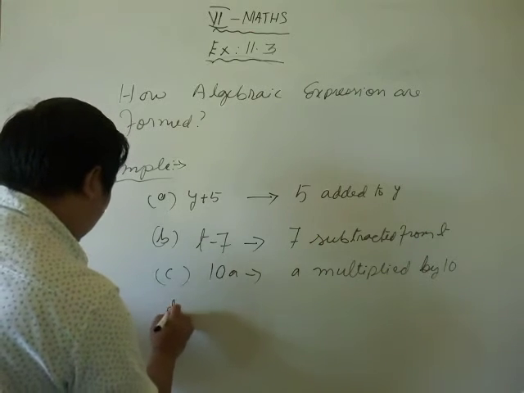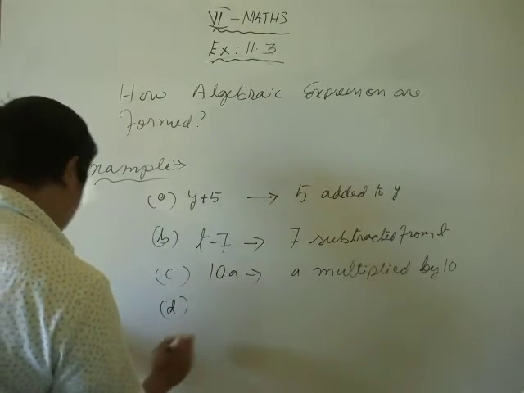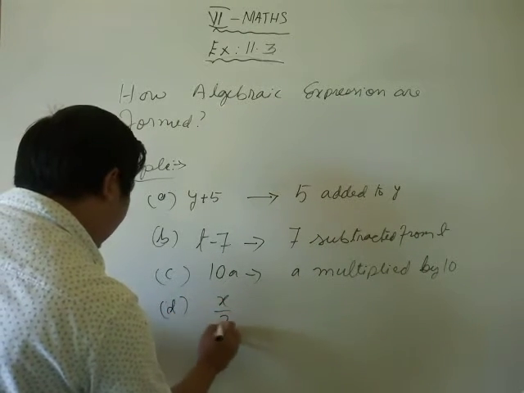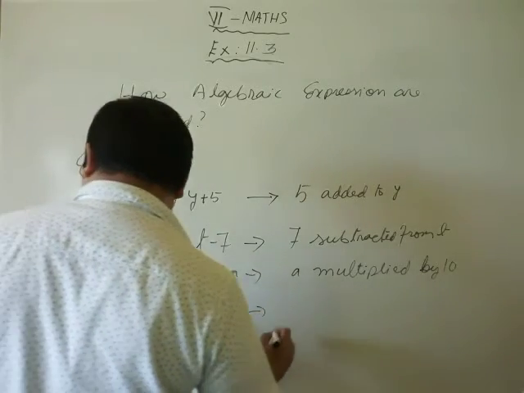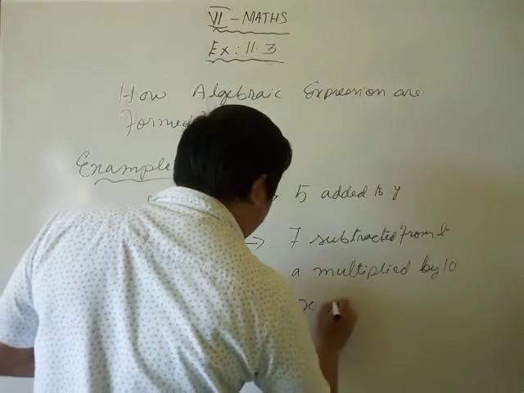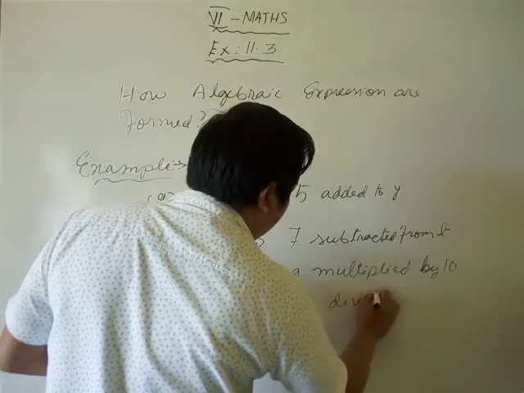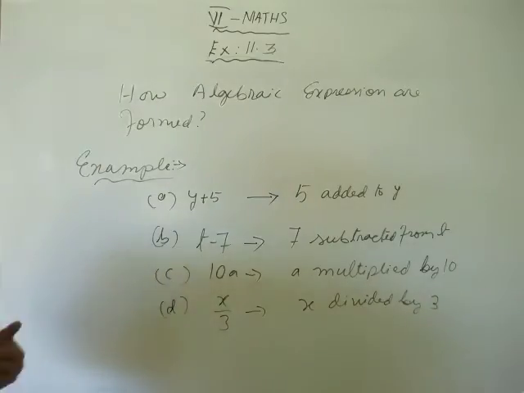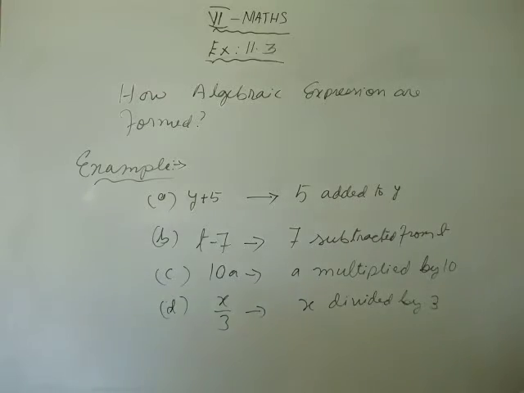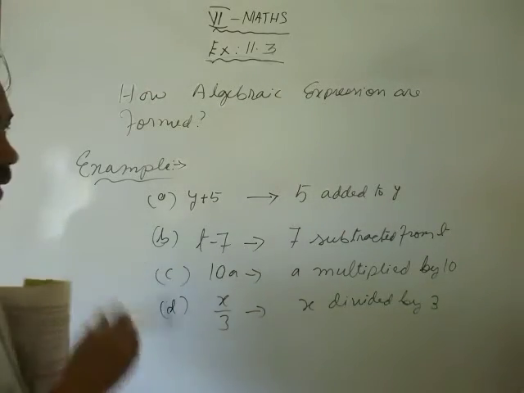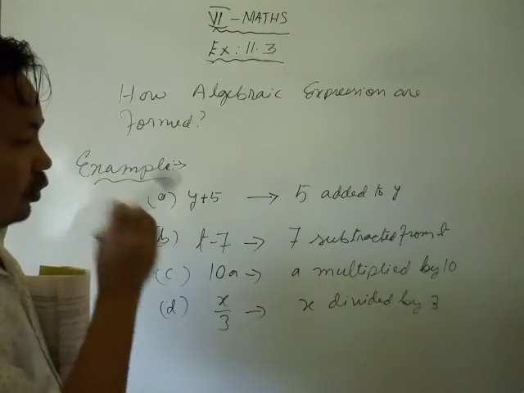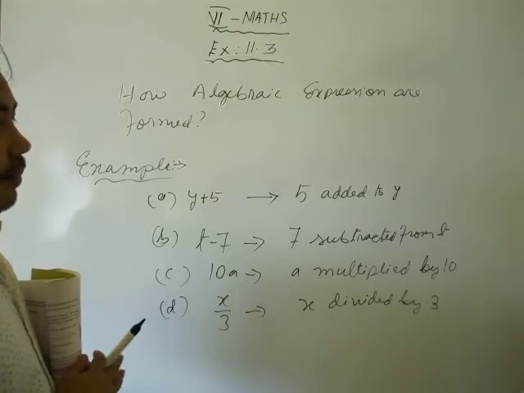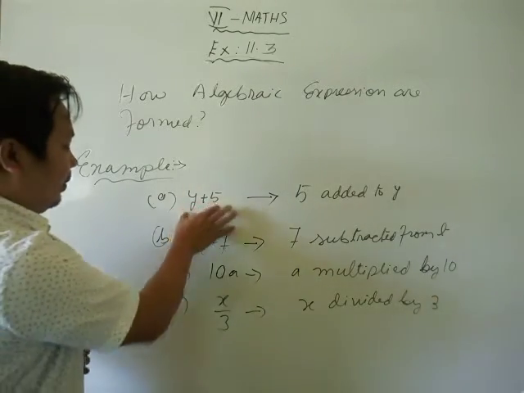Next we have x by 3. That means x divided by 3. So these things you have to keep in your mind. It is not that you must memorize them by heart, but you must remember how these expressions are formed.